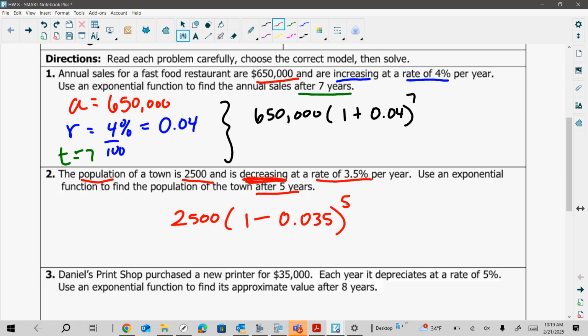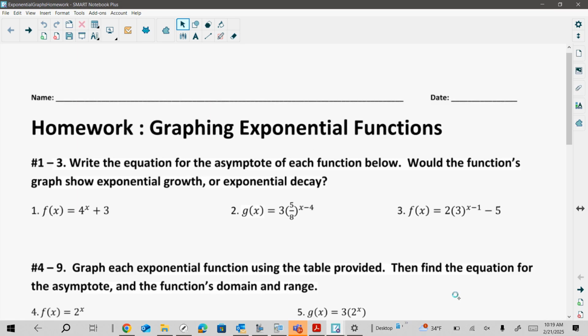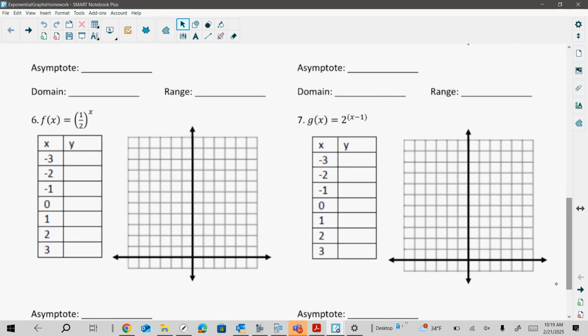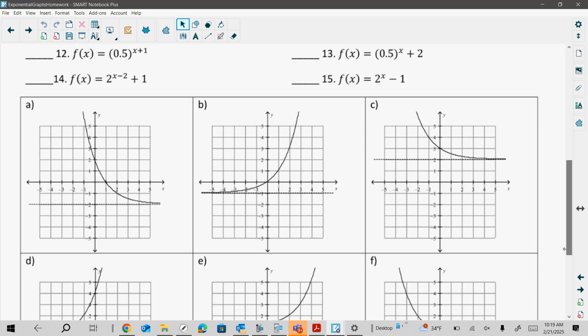But at this time, guys, if you still have not finished this homework sheet from 2 nights ago, this is priority 1. You need to do this homework, because I know you needed your calculator to complete the table and to sketch your graphs, and then some more tables and matching of graphs. That should be in the tray if you did not turn it in yesterday.